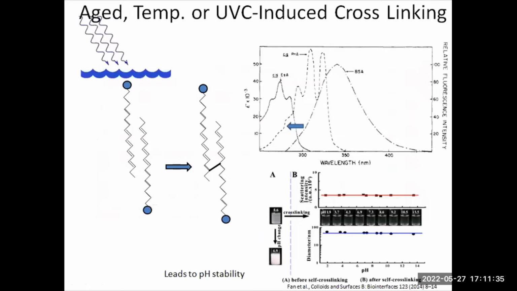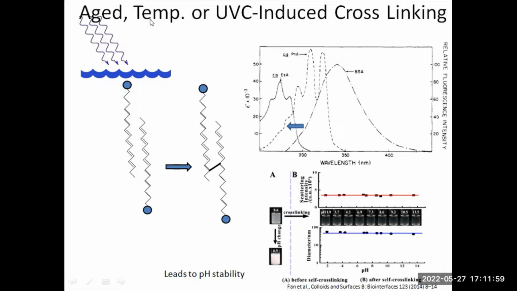But also, sorry, if we have a system of these long chain fatty acids with the conjugated double bonds, and they overlap, they come close to each other in this way, under UVC light, we can form a covalent bond between the two.